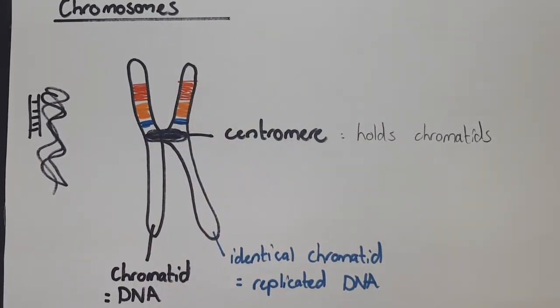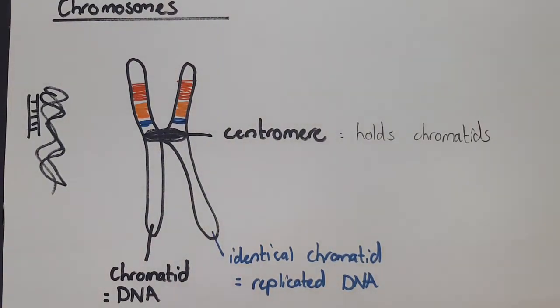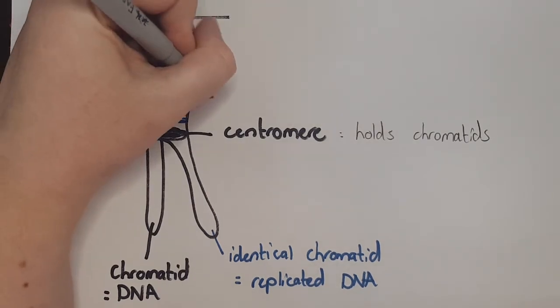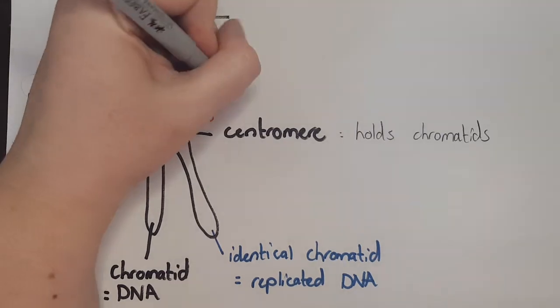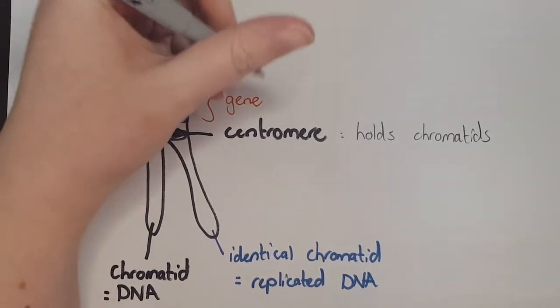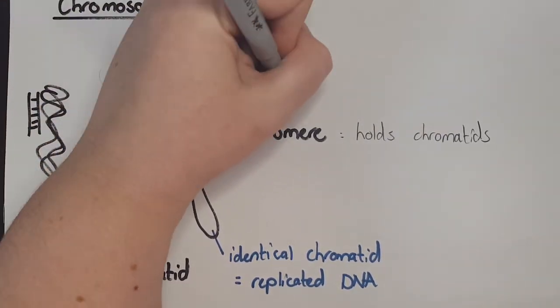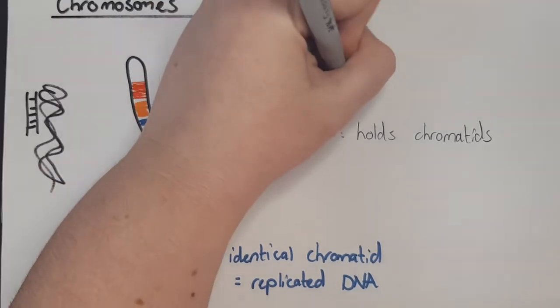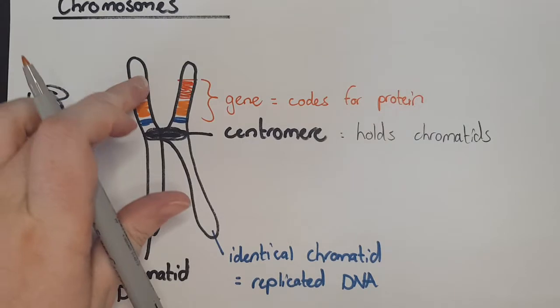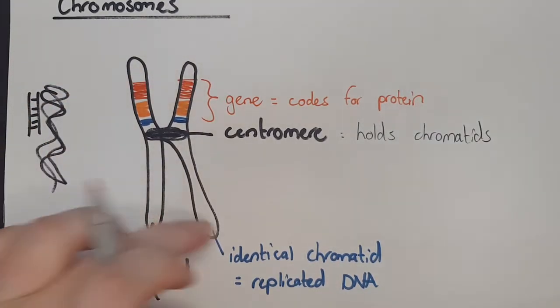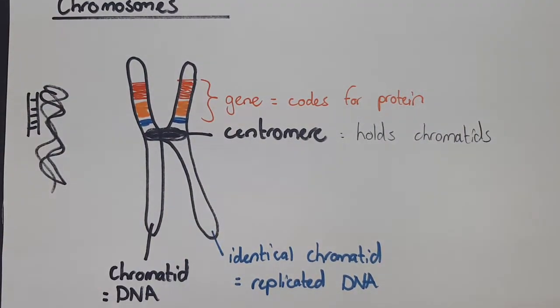And all of those represent our genes. So each section of DNA there is a gene, and each gene codes for a different protein. So we have our genes going all the way through all of our different chromosomes.